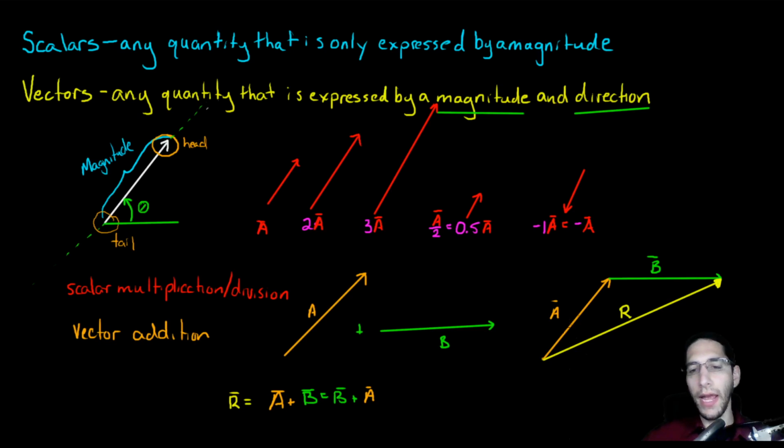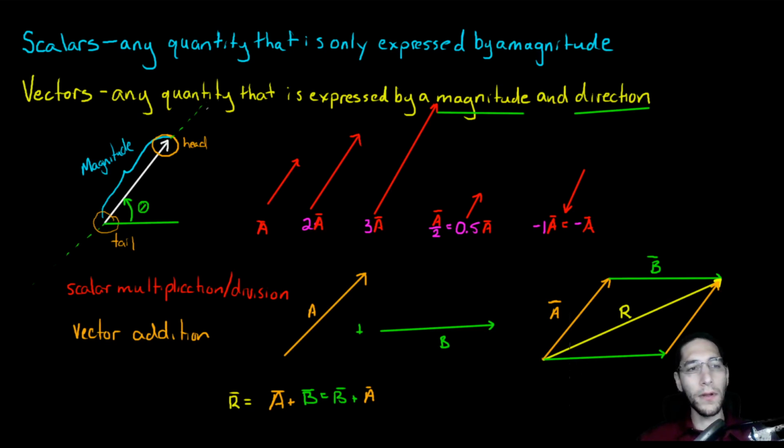Well, instead of going A plus B, let's start with B. I'm going to then add in A, and I'm going to get to the same point. So with vector addition, it doesn't matter if I do A plus B or B plus A. I'm going to get the same result, and that's going to be my resultant.